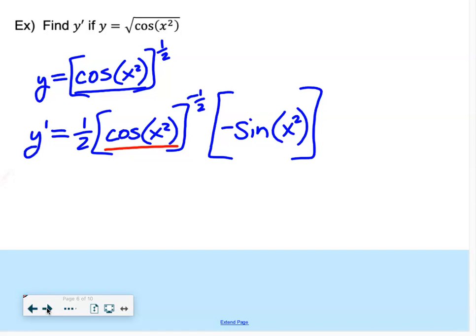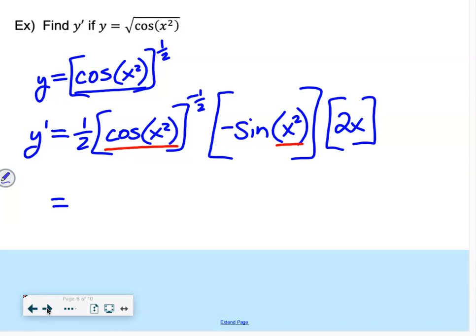Now the guts that we're plugging into our function is the x squared. If it was just x, then the final derivative would just be 1 and we'd be done. But it's not, it's x squared. So now we get to multiply by the derivative of x squared. The derivative of x squared is 2x. And now we're done. Of course, we've got to clean it up.